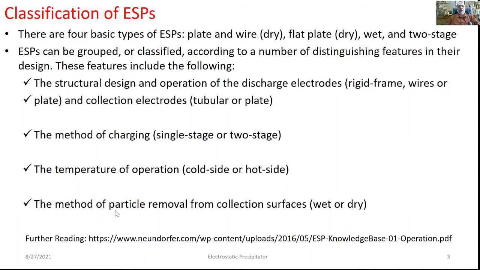And the fourth feature is the method of particle removal from collection surfaces, so as to say it could be wet, that is, water could be employed in order to remove the deposition of the particulate, or dry, that is, the deposited layer could be simply removed by scraping or by using some mechanism so that it will get separated from the plate on which it is deposited.